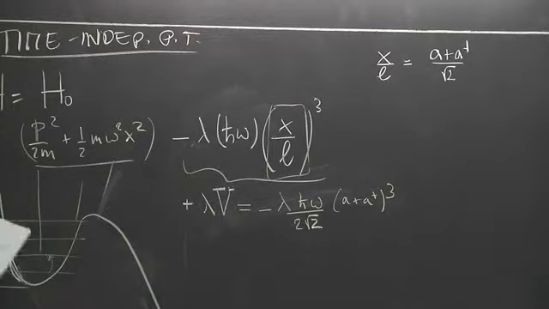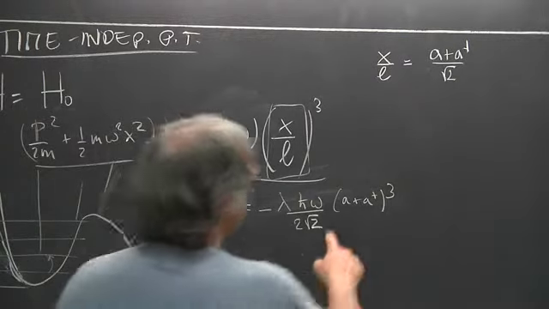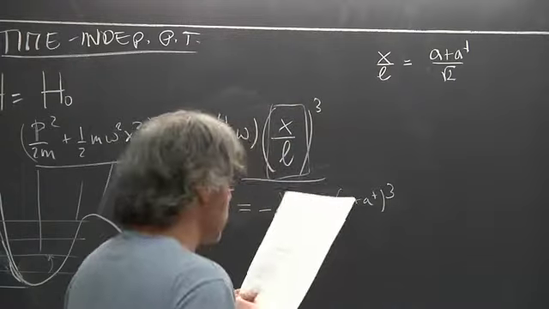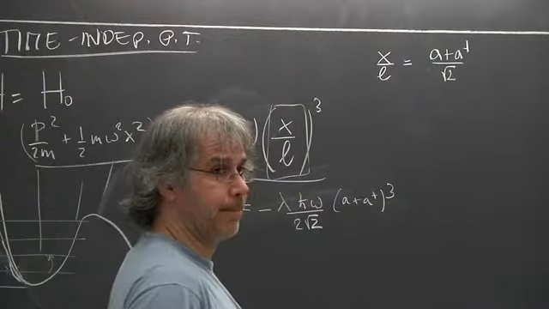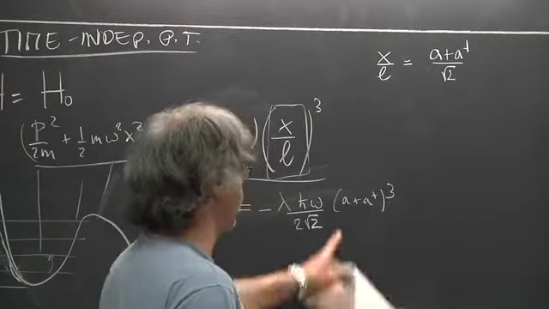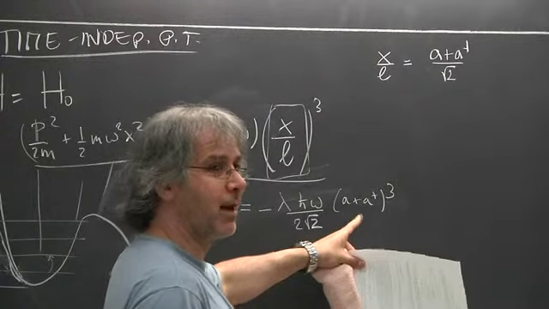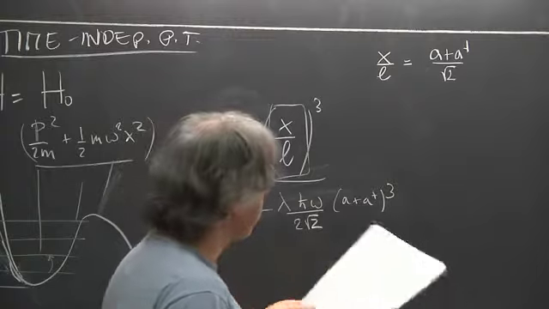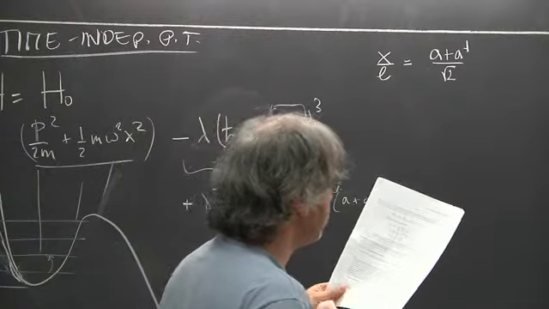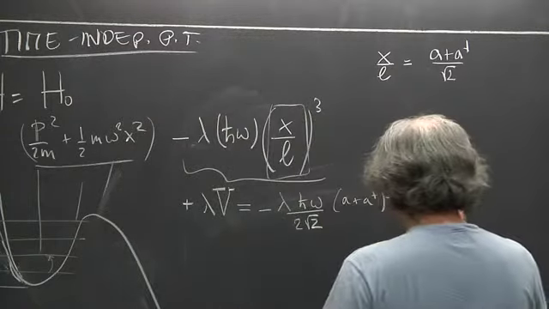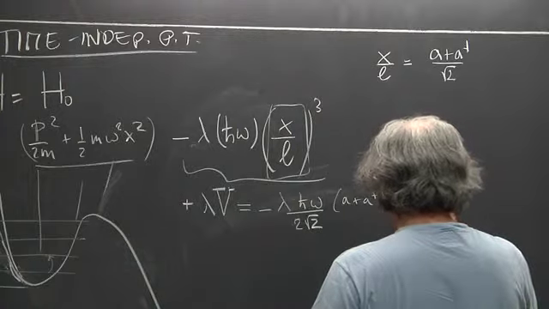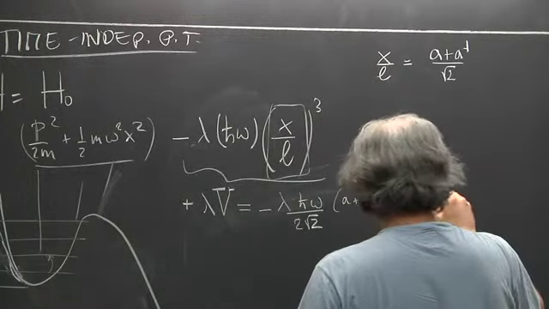All right? So let us calculate this thing. You have to be a little careful because these are operators. They do not commute, so don't just use the cube of the binomial as you would do. The result is the following.